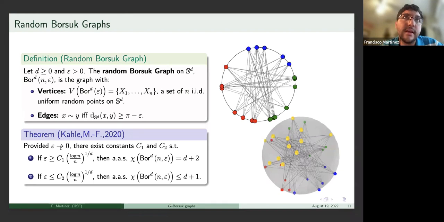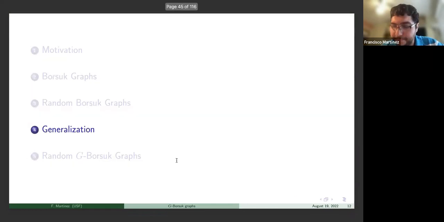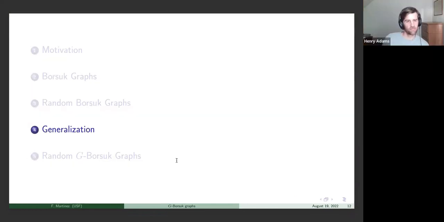Yeah, so as epsilon goes to 0, we'll have fewer edges, but we'll have more vertices, so that makes this work. So we're thinking, is there a way in which we can generalize these ideas to other kinds of spaces other than spheres?